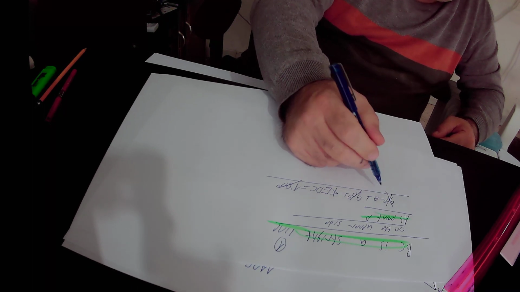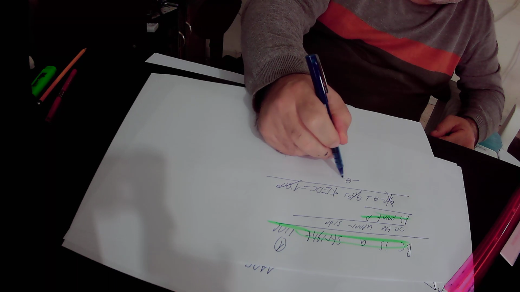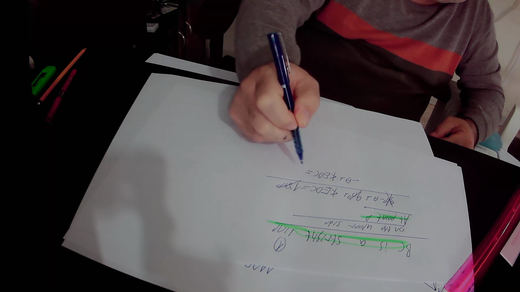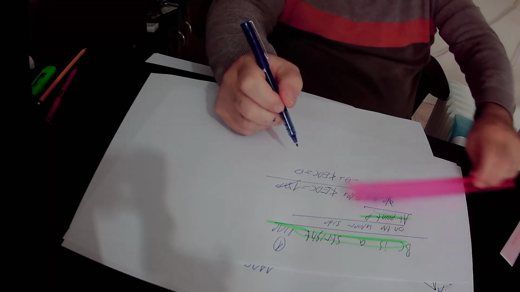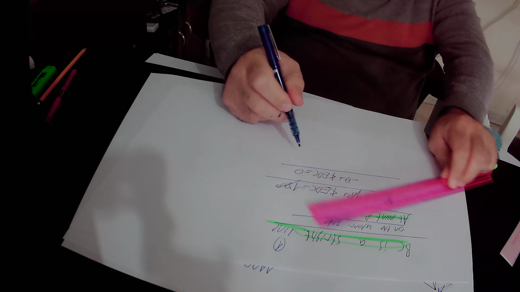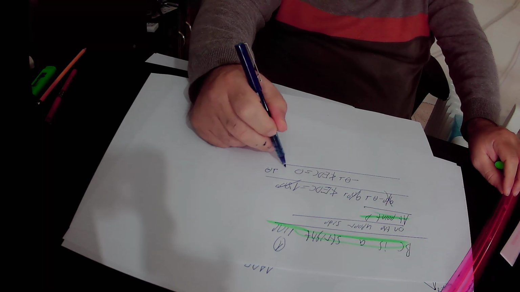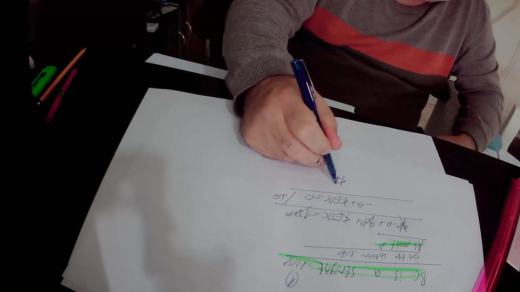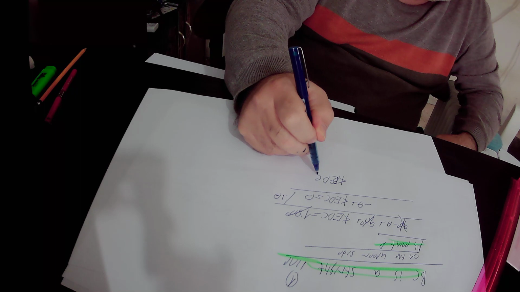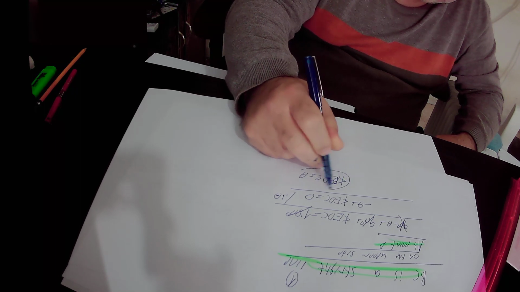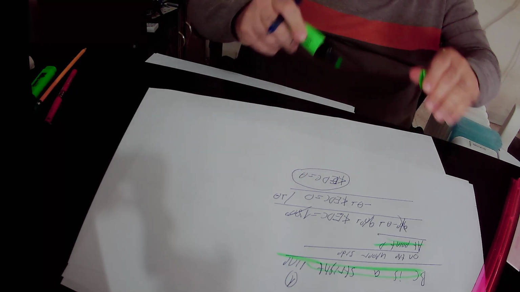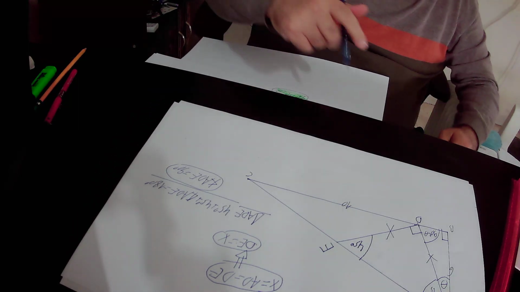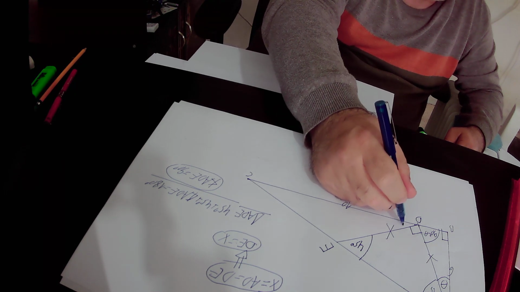And we are left only with minus theta plus angle EDC. It must be equal to 0. We will add theta to this equation and we will get that the missing angle EDC equals theta.